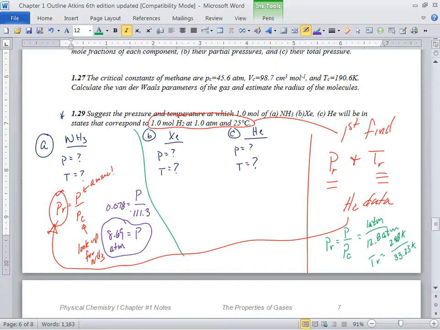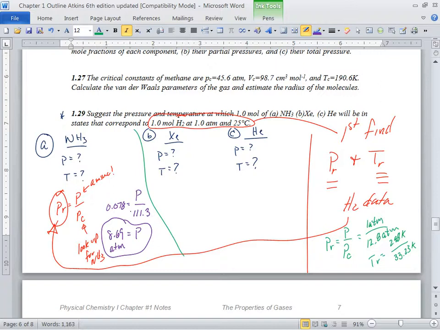Anything with a C as a subscript, that's the critical. So that means you have to get them in tables and look them up for that gas. So that's the critical pressure, that's the PC. The only place is the back of the book. 405.5.